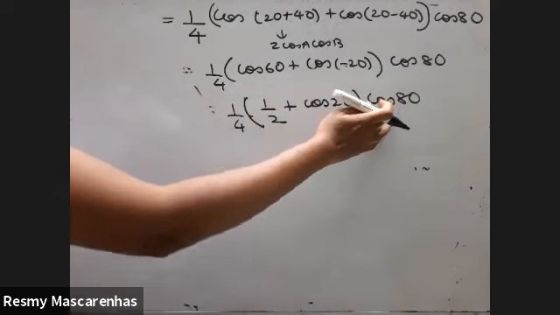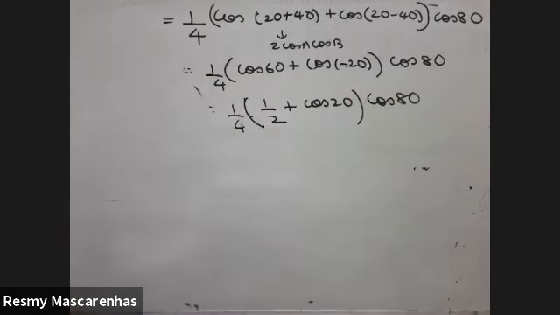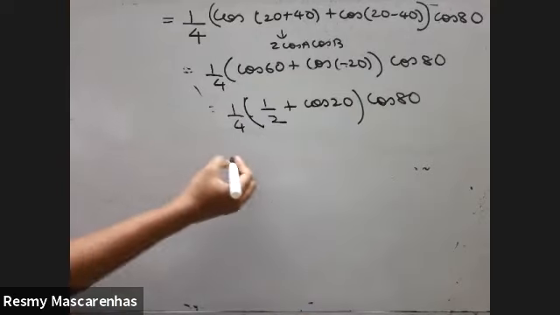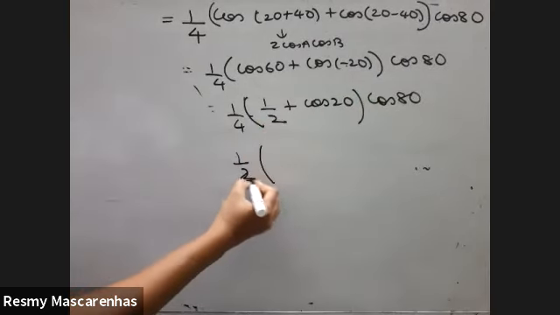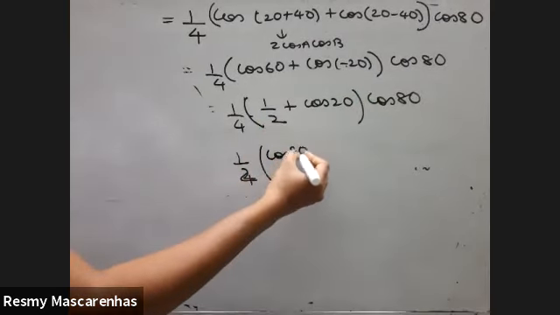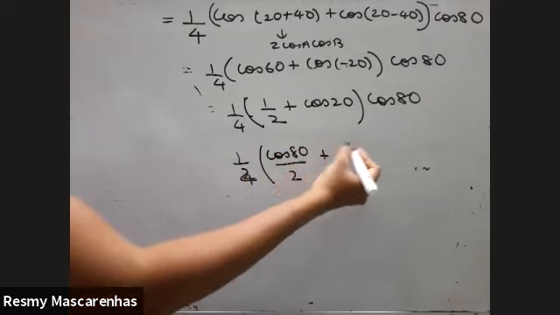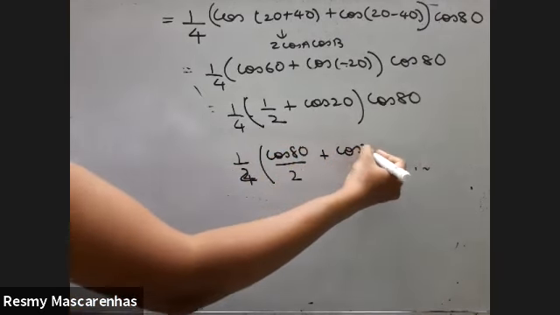Now, up till here you got this. So we'll multiply this inside now. So cos 80 upon 2 plus cos 20 cos 80.